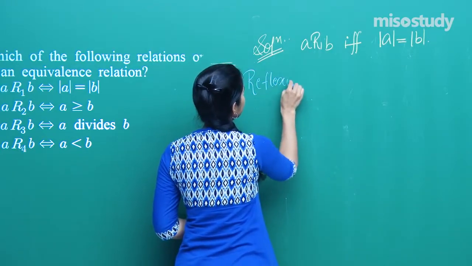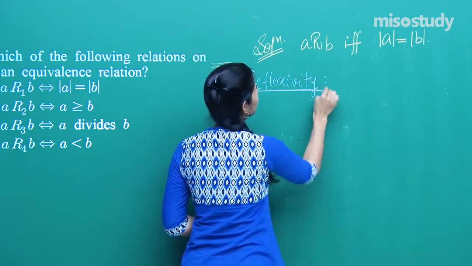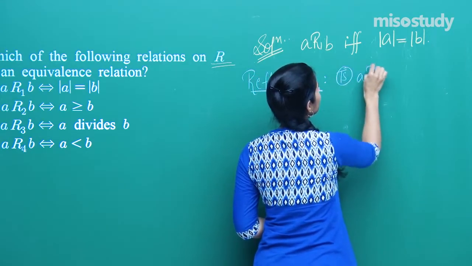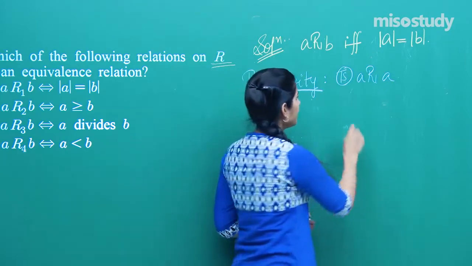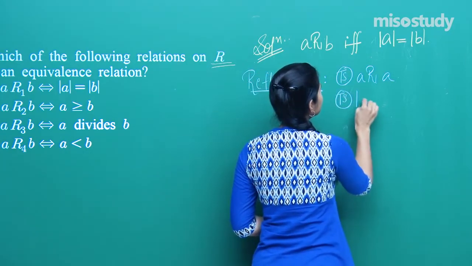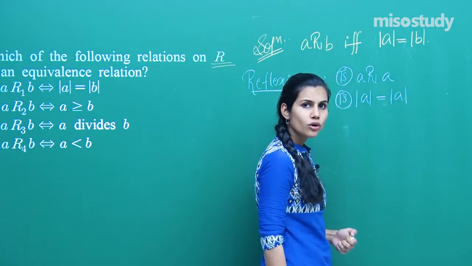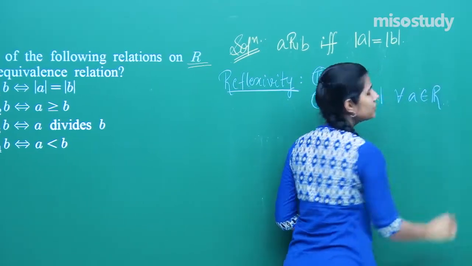Beginning with reflexivity, let's see if A is related to A by this relation. That means I have to show distance of A from 0 is equal to distance of A from 0. And this I have to show for every real number.